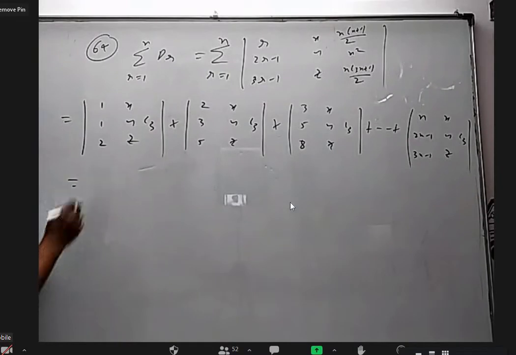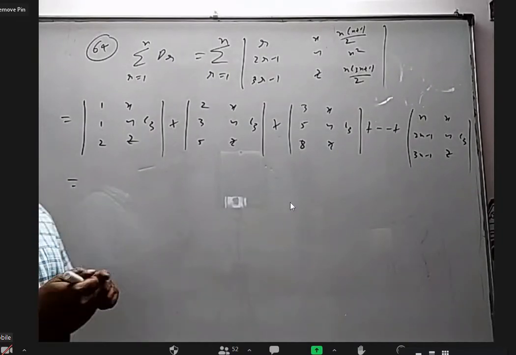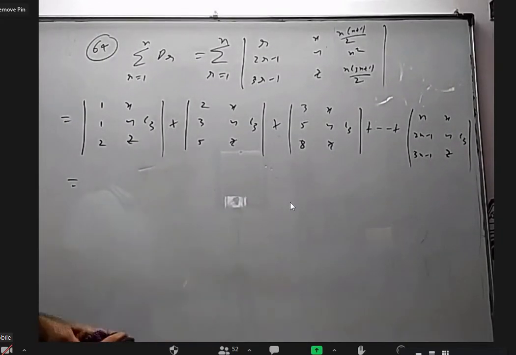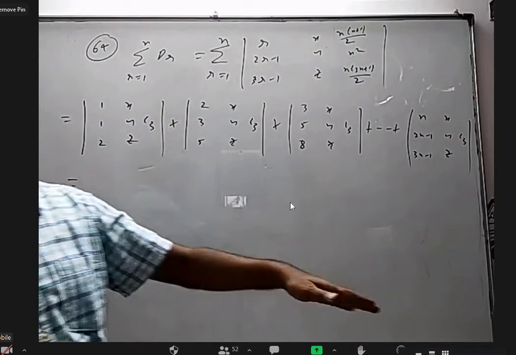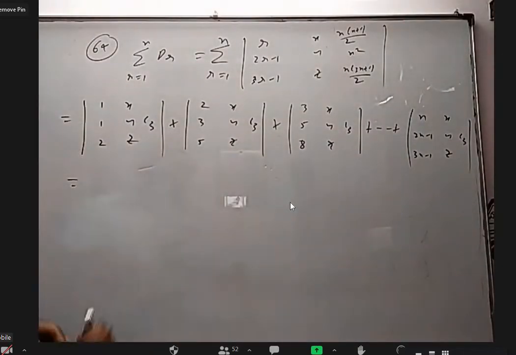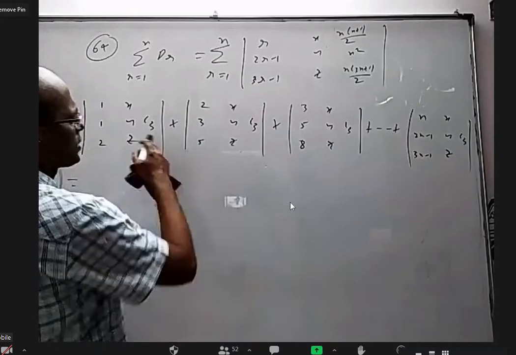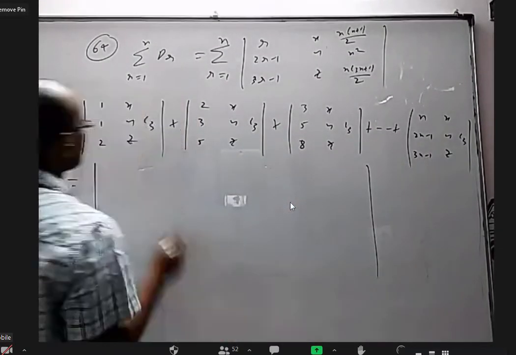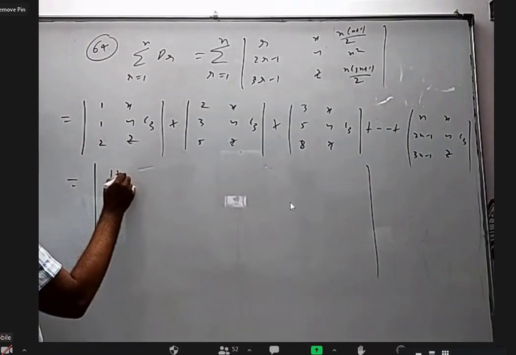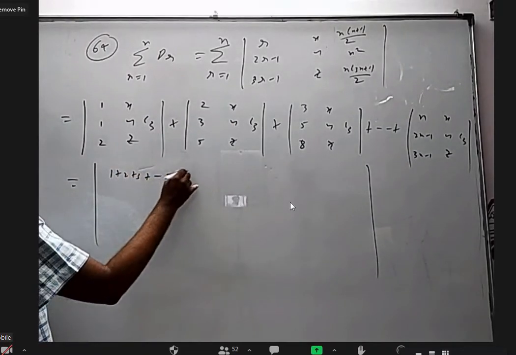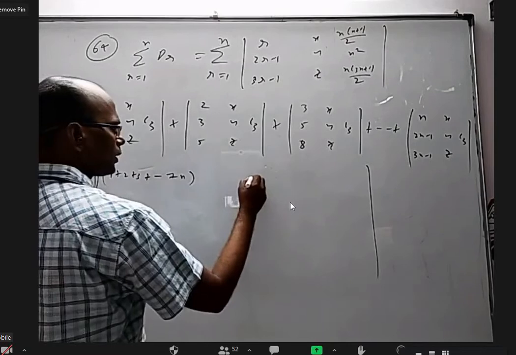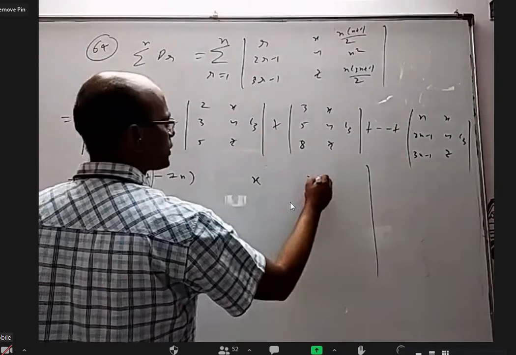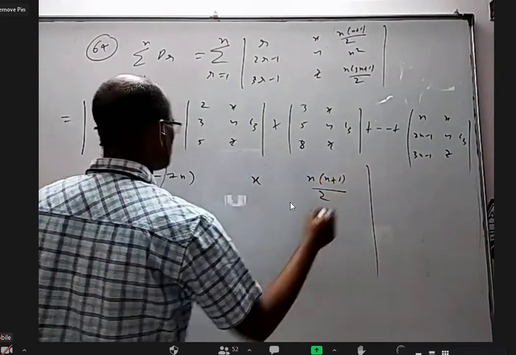When I add all these things, when can I add many determinants? Two determinants or more, it doesn't matter. Except one column, the rest of the columns should be the same, or except one row, the rest of the rows should be the same. Same second column everywhere, same third column everywhere. So when I add all the first columns, here I'll get 1 plus 2 plus 3, and so on up to n. Here x, and here column 3 as n(n plus 1)/2.